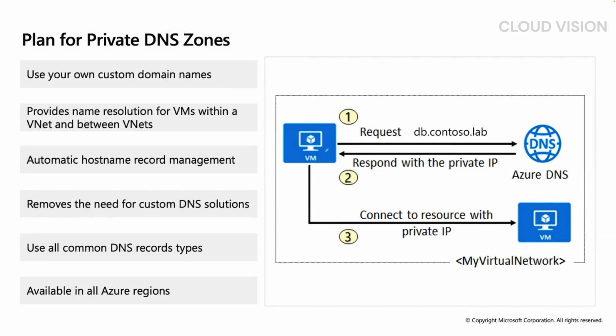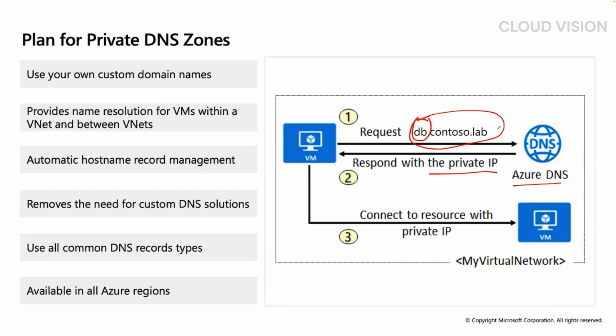Say your VM needs to make a domain request because it's pointed to a domain. When the request goes out, Azure DNS identifies the request and responds with the private IP it needs to be pointed to. Say this VM is one of the incoming request VMs, and it says, okay, I need to connect to a database on 1433, but I want to point to the domain db.contoso.lab.